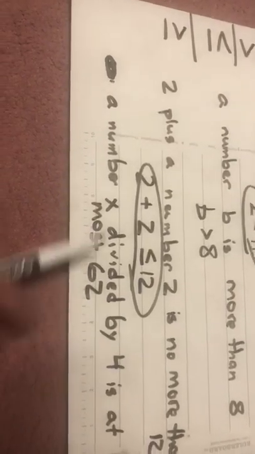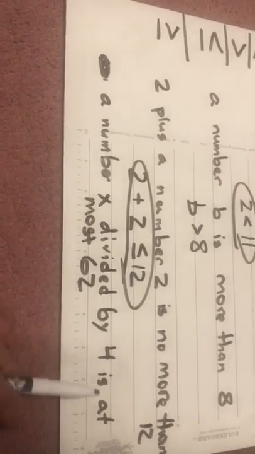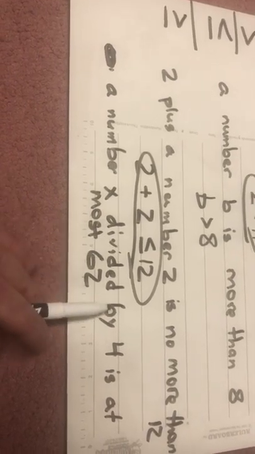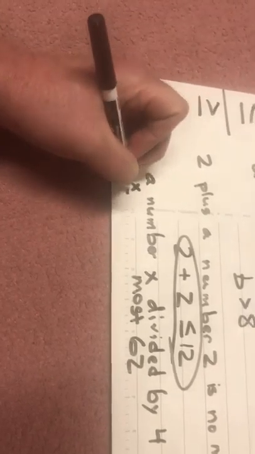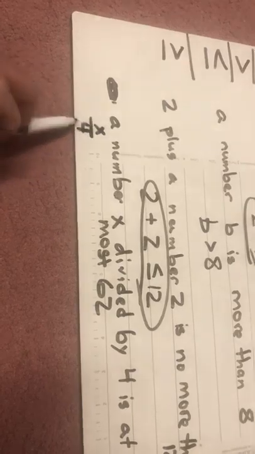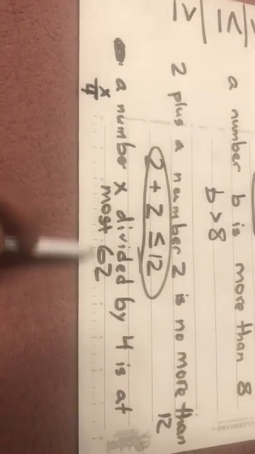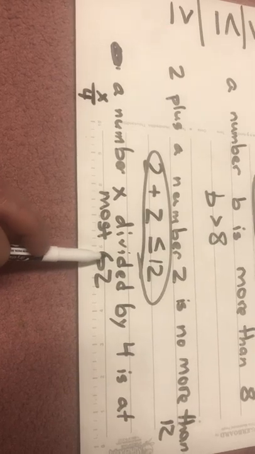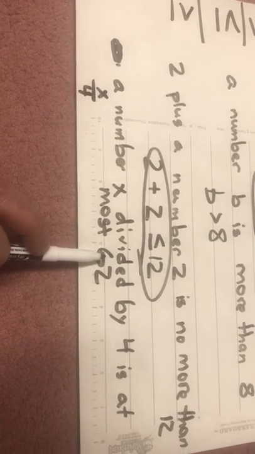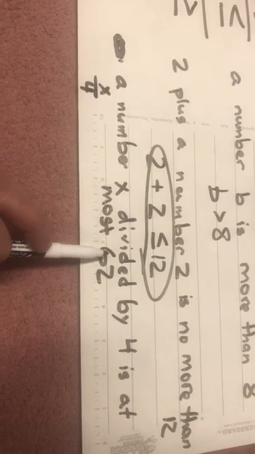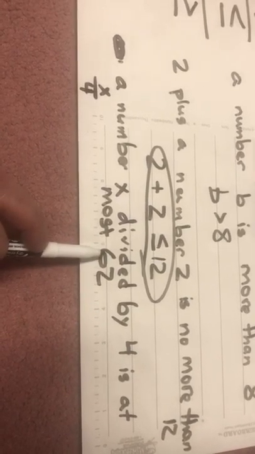So we look at our last one. A number x divided by 4 is at most 62. Well, first things first, x divided by 4. We have to know, sixth grade, that that's going to be a fraction. We got to write that as a fraction. X divided by 4 is at most 62. It means it can be 62, but at the most, it's going to be 62.